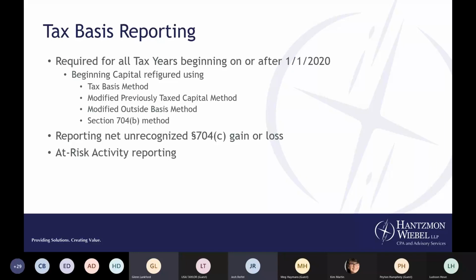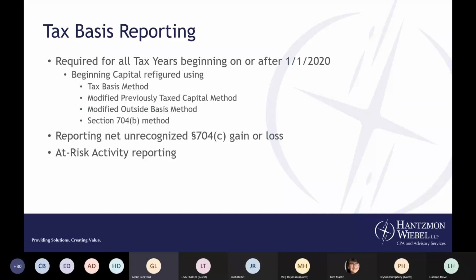The previously taxed capital method, which is kind of a backwards way, kind of backing into tax basis, is where you take what a partner would receive in a distribution liquidation if all the assets were sold for fair market value, and subtract from that the gain or loss that would be allocated to that partner on that liquidation to arrive at tax basis.